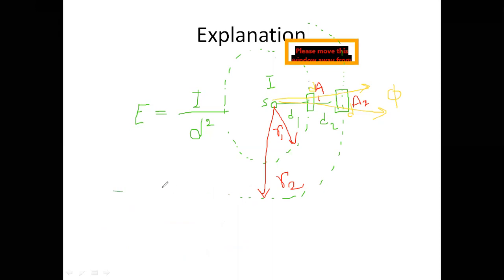Here we can say the illumination at the distance R1 equals E1, E1 equals d phi by dA1.